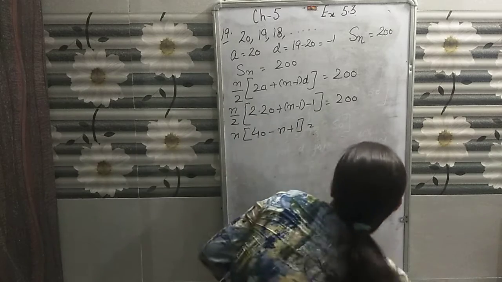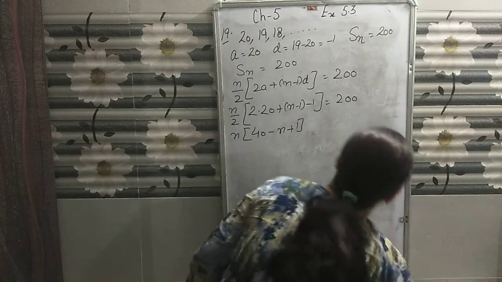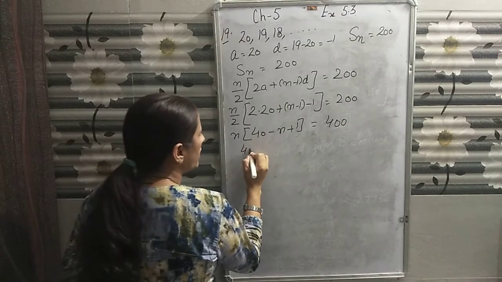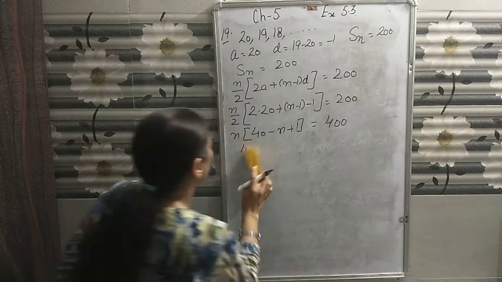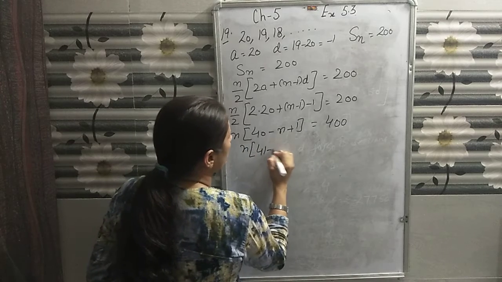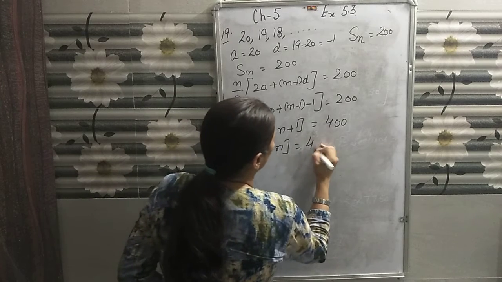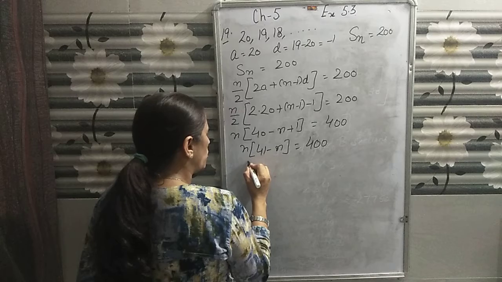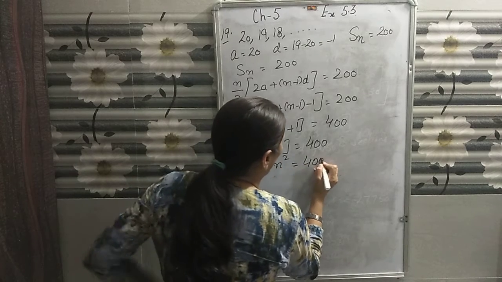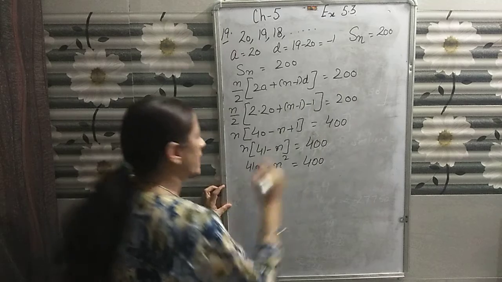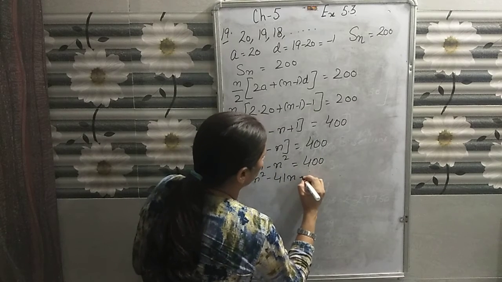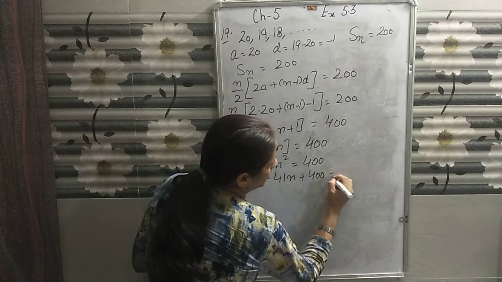This 2 will go to the right hand side, 200 into 2 is 400. So n into (40 plus 1, 41 minus n) is equal to 400. So 41n minus n square is equal to 400. So I am taking everything to the right hand side, that is n square minus 41n plus 400 is equal to 0.